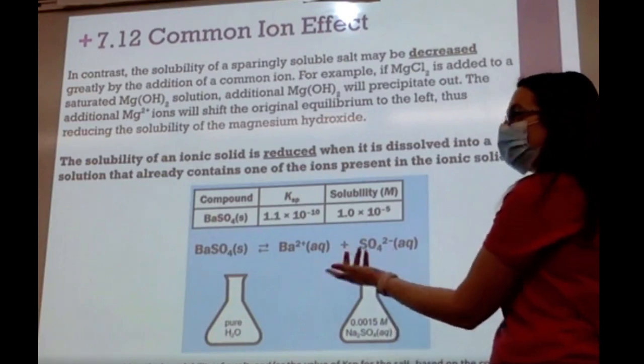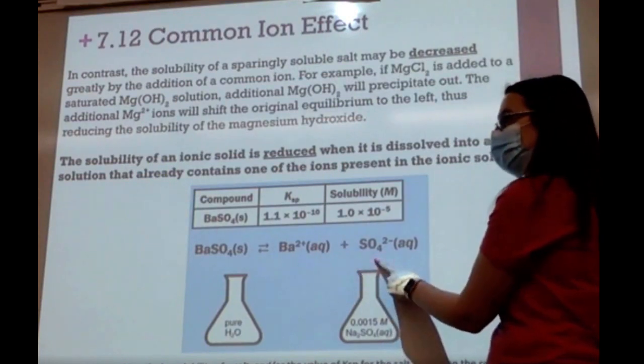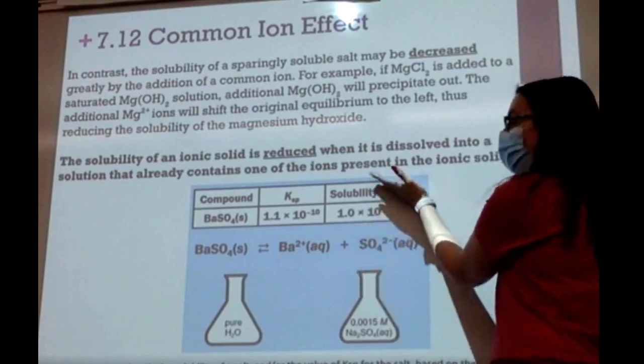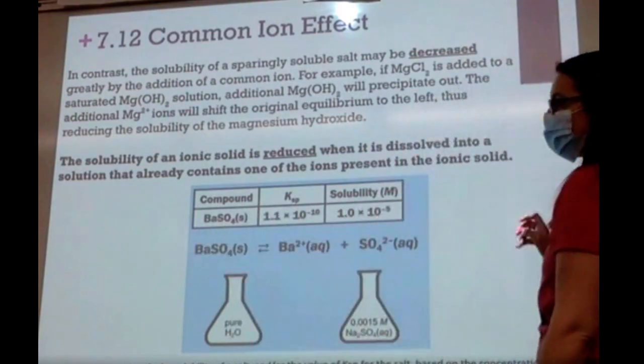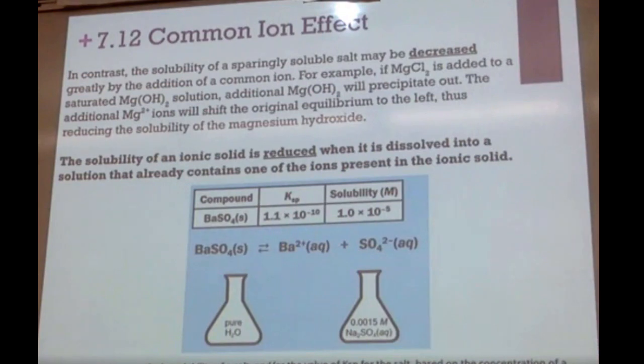Think about Le Chatelier's principle. Now you have more product. The reaction is going to shift back toward the reactants. The less ions you have, the less soluble that solid is. So the solubility of a solid is reduced when we add a common ion because it shifts the equilibrium back toward the reactants.